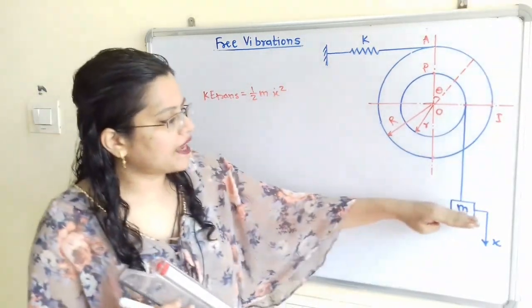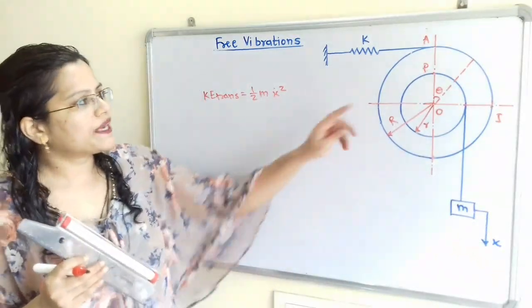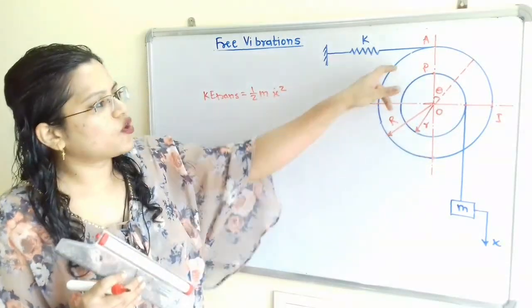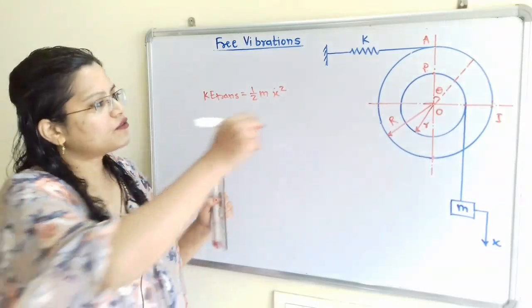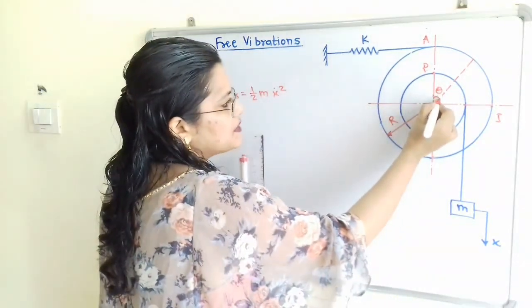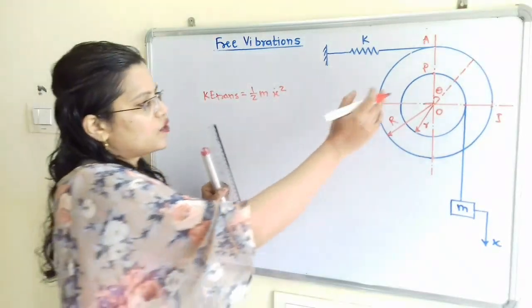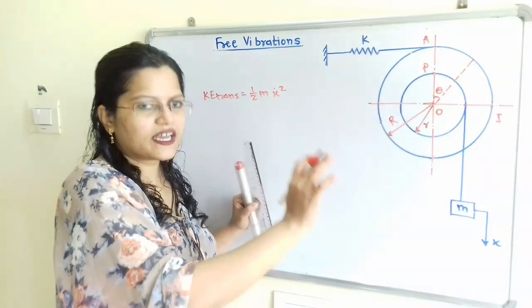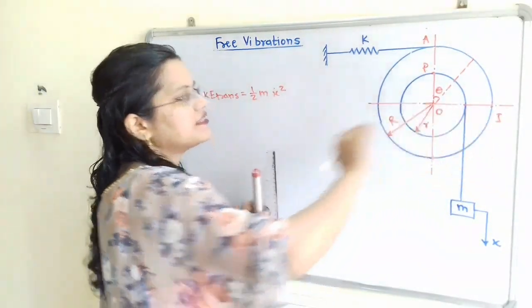Now as this mass m is getting displaced in the downward direction, because these two disks are concentric, the rotational motion in the disk is taking place. So we have to show here the angular displacement theta for these two disks. The combined mass moment of inertia I is given.